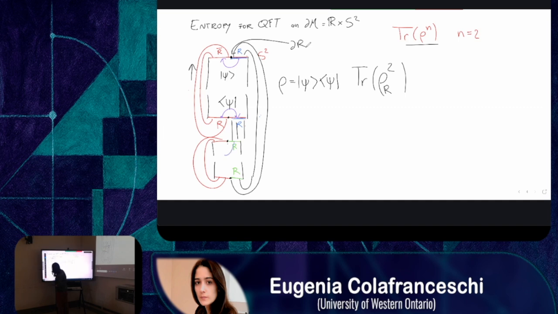Then I do another pi rotation, I end up here. This is glued to this one, so another pi rotation, and I'm finally back here, because this is glued to this. So what happened is that I need a 4 pi rotation to go around the splitting surface. So when I write the manifold that is computing this quantity, I get a conical singularity, because I need this 4 pi to go around the splitting surface.